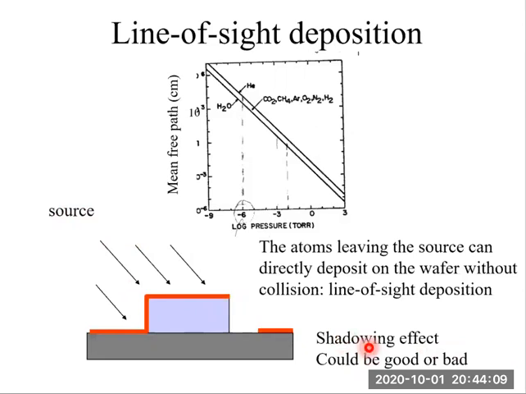And this shadowing effect could be good or could be bad. Sometimes it's bad. For example, if you want to form a continuous interconnection wire, then it's bad, because it results in a broken wire here, an open circuit.